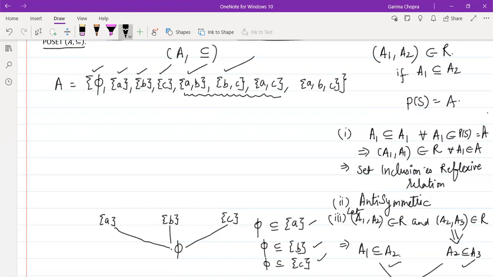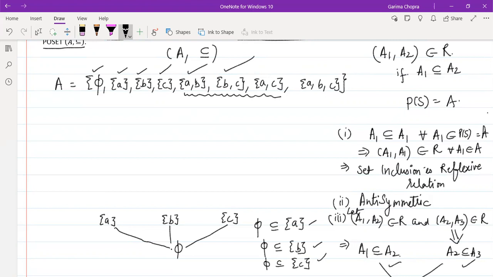If I check whether the set {B, C} is a subset of the set {A, B}, then that is also not true. So any 2 sets from these 3 are non-comparable. They are not related.